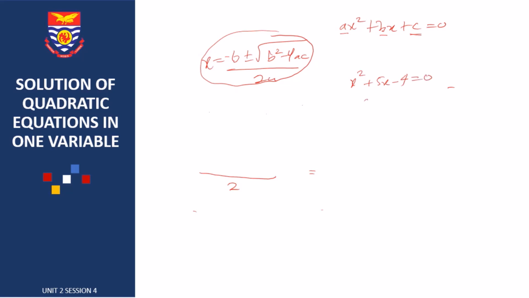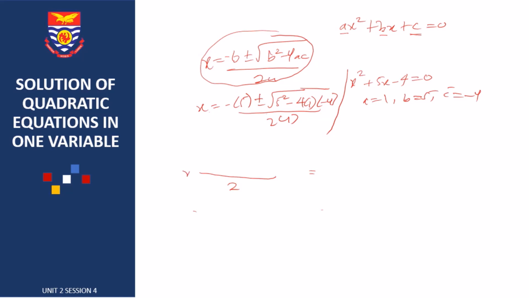Here my a remains 1, b is now 5, and c is minus 4. So I know that x is equal to minus b, so minus 5 plus or minus the square root of 5 squared minus 4 times 1 times minus 4, all over 2 times 1, which is 2.